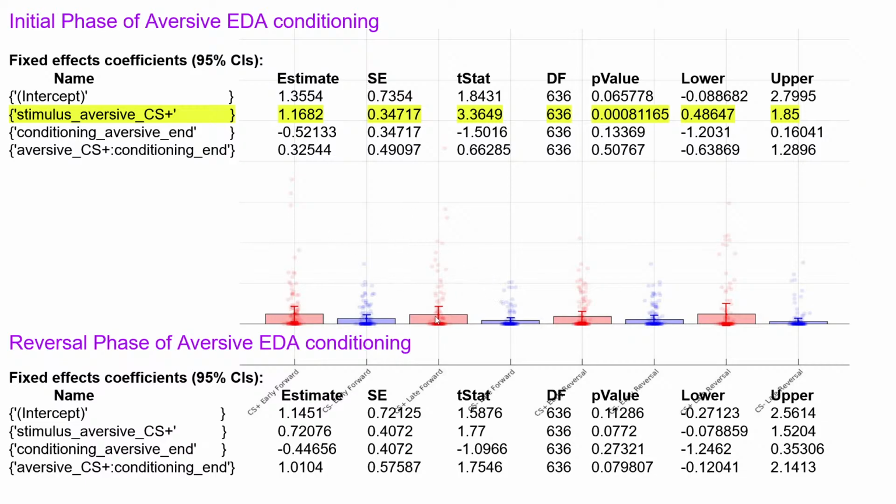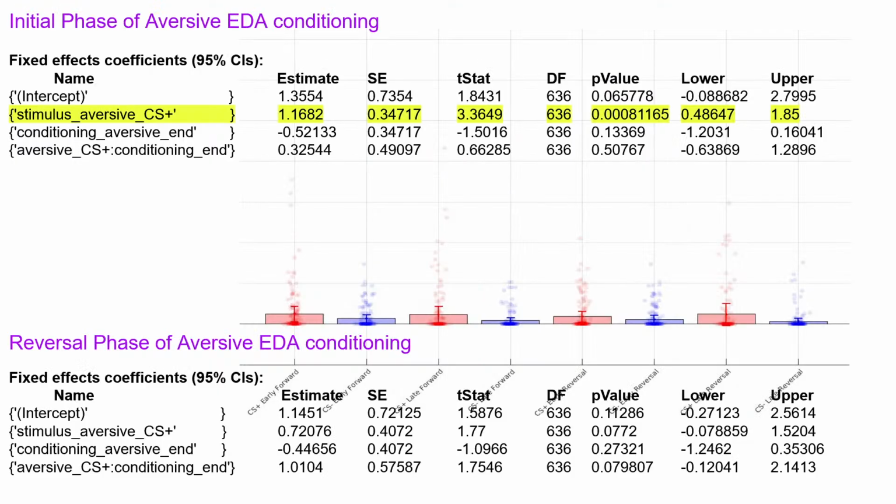But for now we can say that the CS plus is significantly higher than the CS minus in the beginning and in the end of conditioning. For the reversal, there is actually nothing significant, only trend-like significance in the end of the reversal condition.